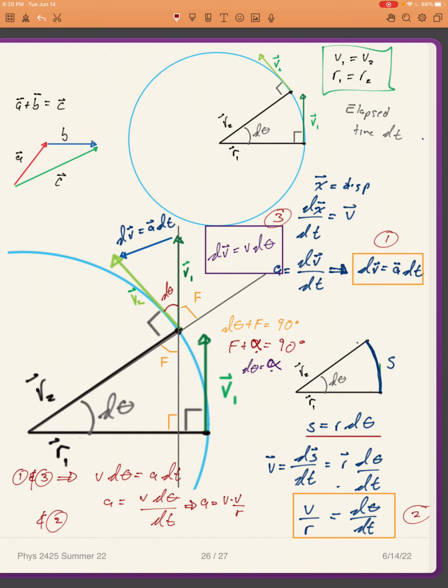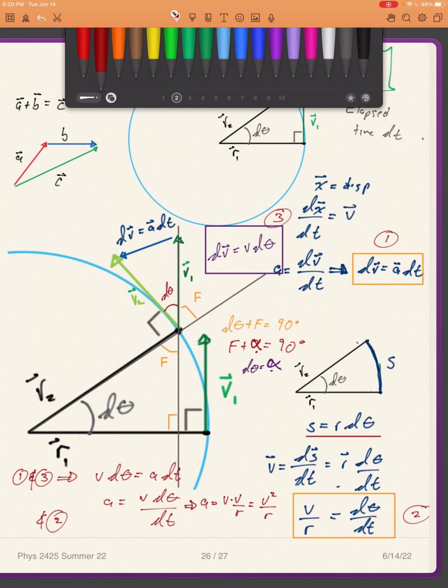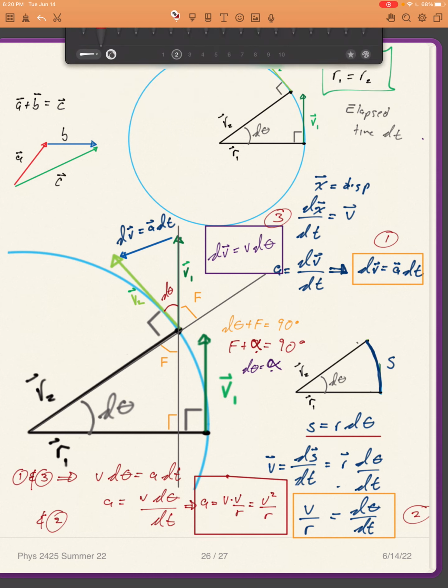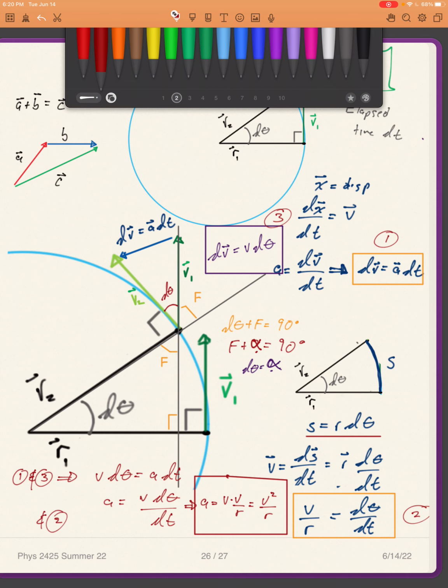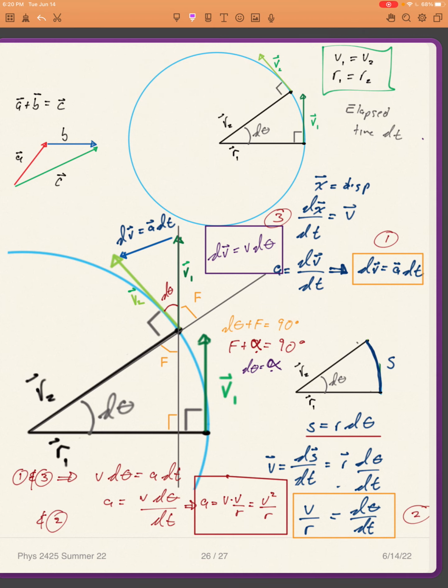And so that just simplifies to v squared over r. And we have proven thus that the centripetal acceleration is equal to v squared over r.